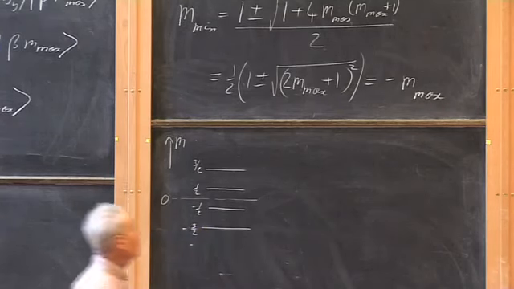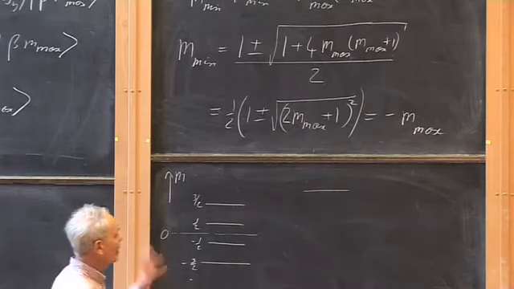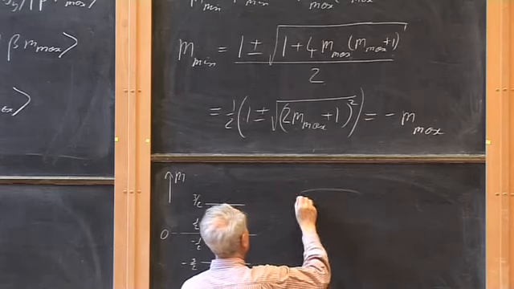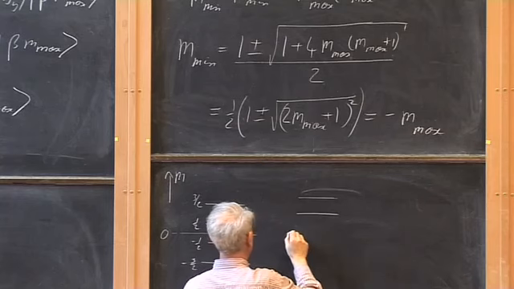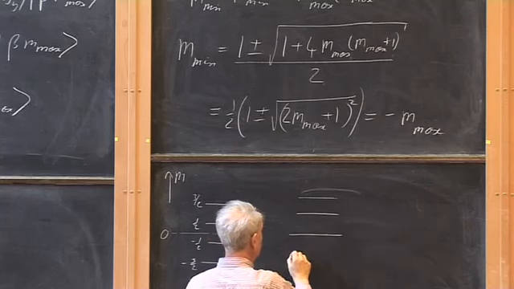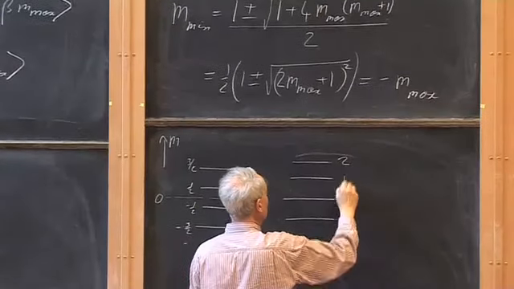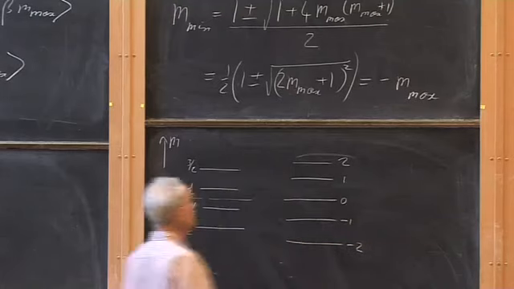Or it might work out like this, that we'd start here, but the key thing is, we could start slightly higher up, and then we would have this one, and this one, and this one, and this one. So if we started at 2, we could have 1, nothing, minus 1, minus 2.